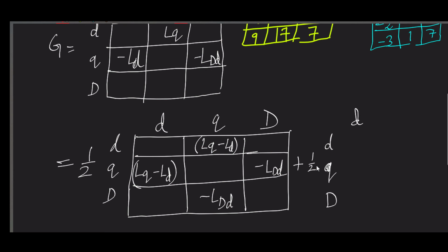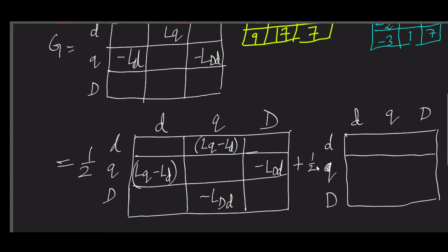The asymmetric part will be just the same thing, but here it will be LQ plus LD.